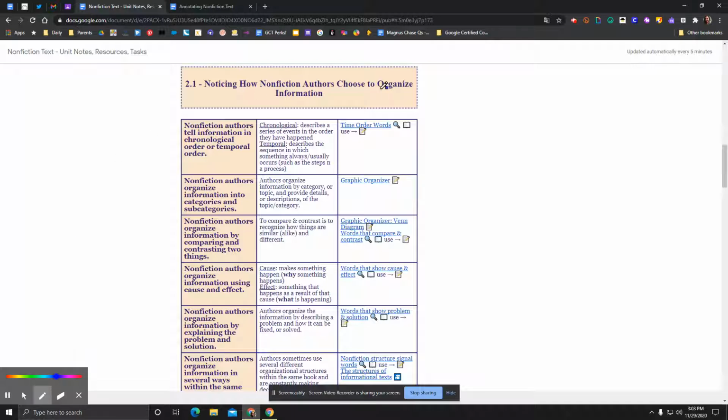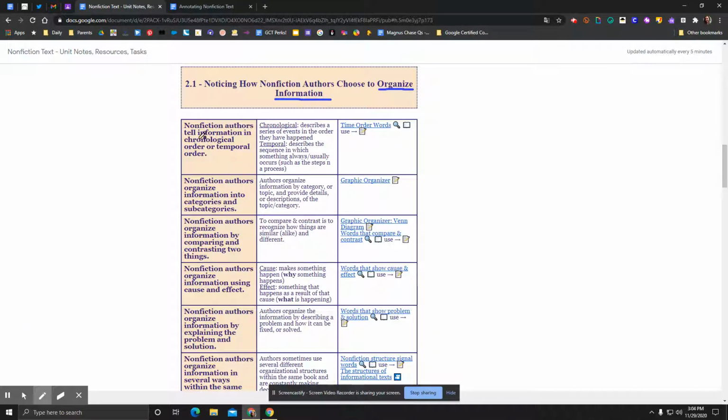So I want to stop and think about this here. When I say organize information, I mean, how are authors taking the information they have, our facts and things that we need to learn, the important information about a topic or a person? How are they providing that information to us? How are they organizing it so that we can best read and understand?